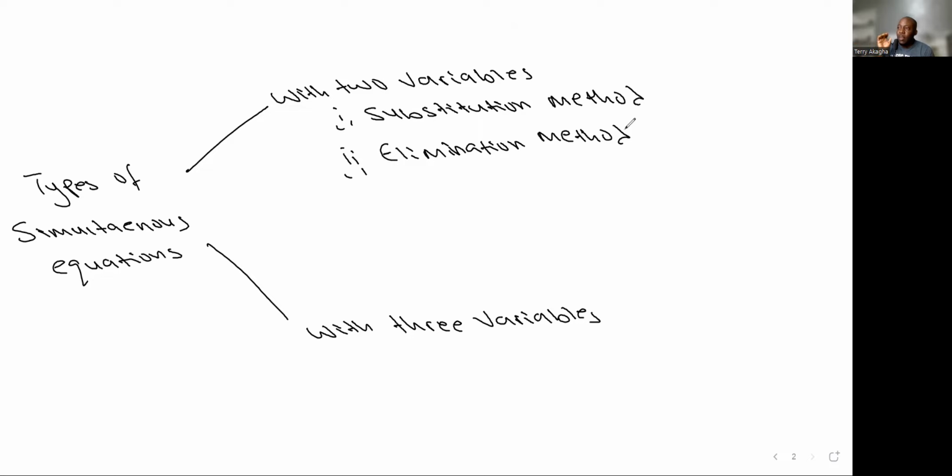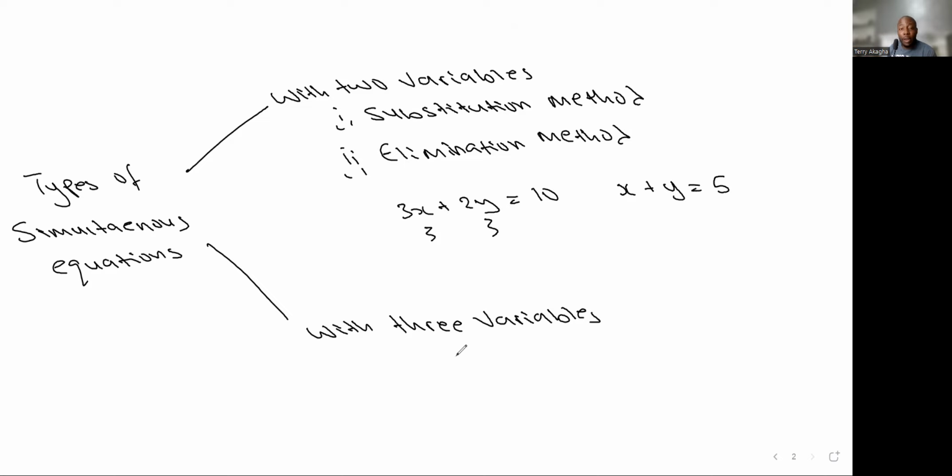So basically, there are two types of simultaneous equations. We have those with two variables, something like 3x plus 2y is equal to 10, and x plus y is equal to 5. This is two variables: we only have x and y.